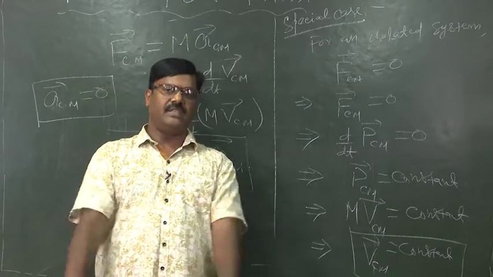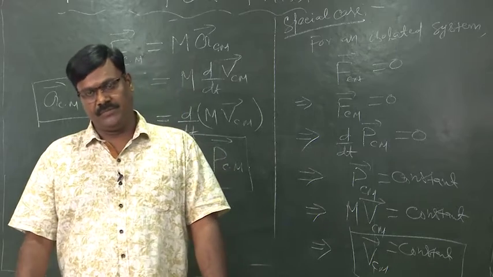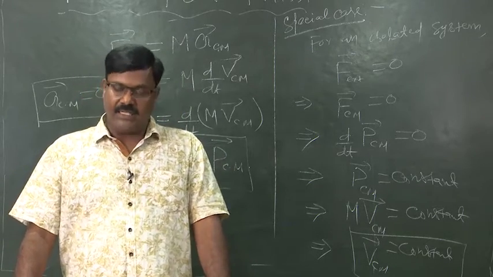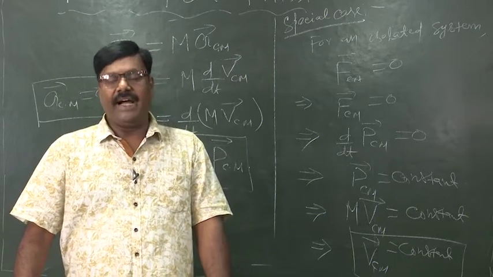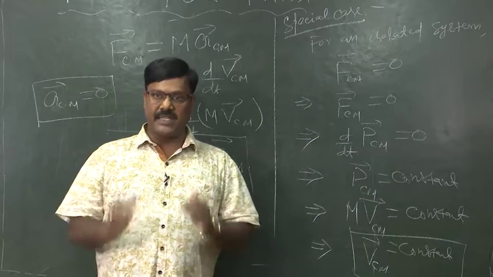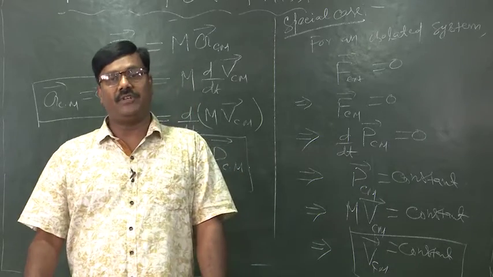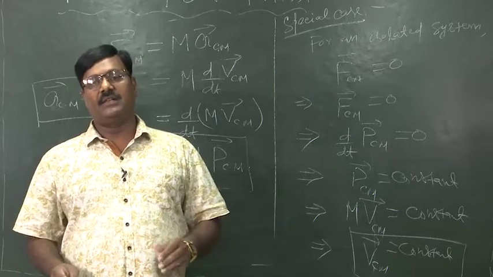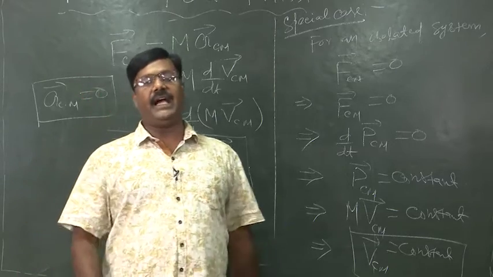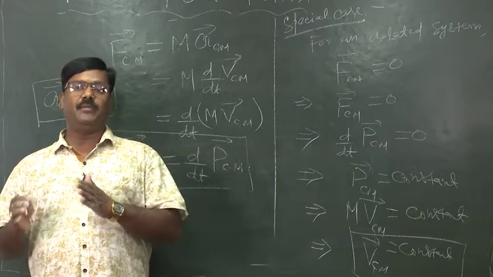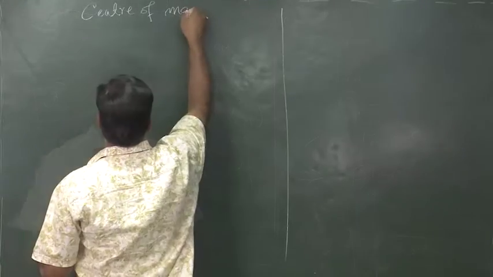But in our CBCS syllabus, the topic is center of mass frame and the laboratory frame. So, let us have a comparative idea about the center of mass frame and the laboratory frame.